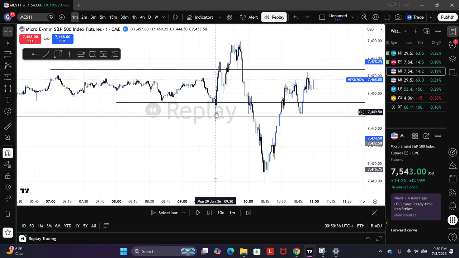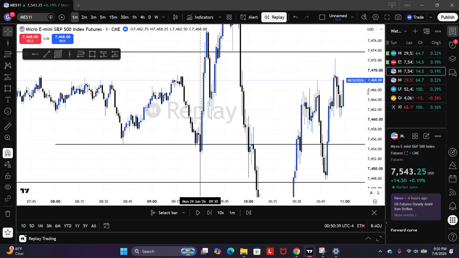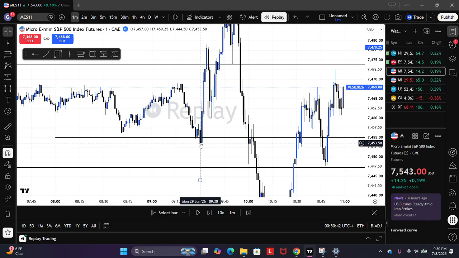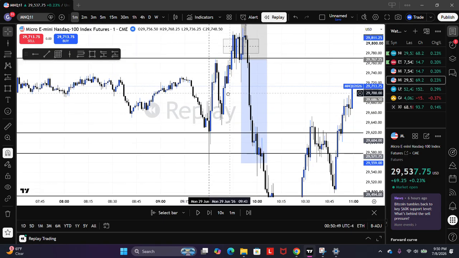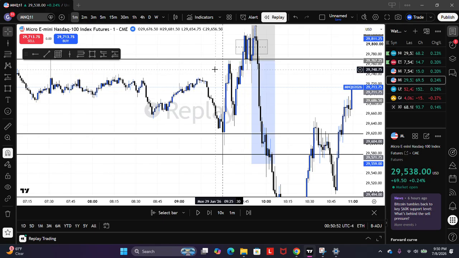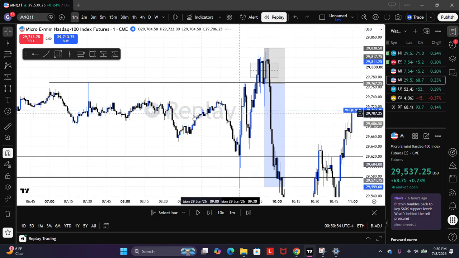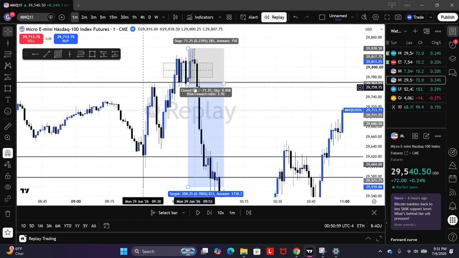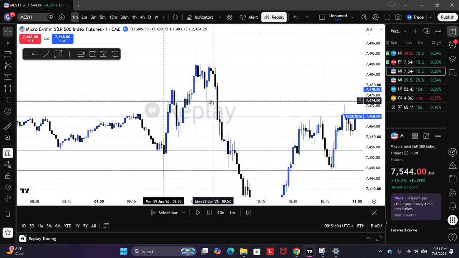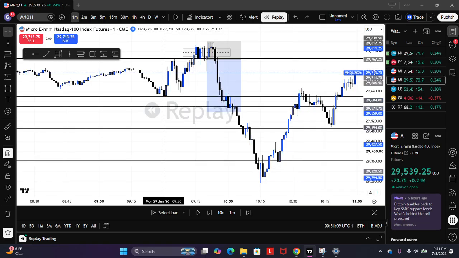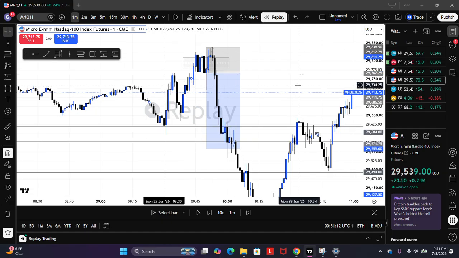If early in market open we take out a low or a high, a liquidity level, within a small amount of time we come up and take out the opposing liquidity level, and then we start slowing down at that level to the point where we break structure and have our entry, I feel like that's a good place to take a trade.